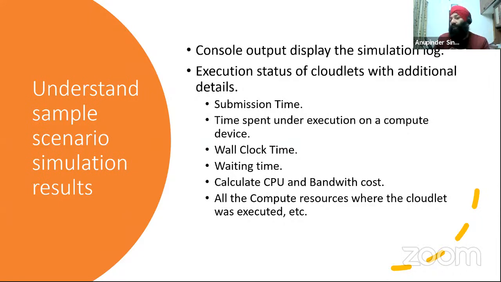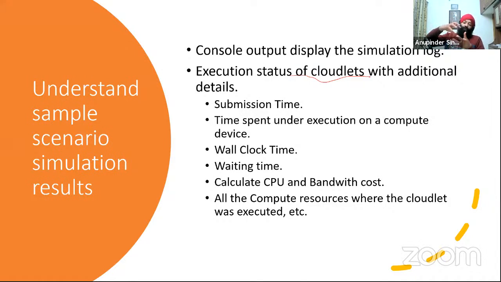Everything will be printed in the log. The second section gives you the execution status of the cloudlets with additional detail. The status of cloudlets is printed because at the end of the day, you are simulating the configuration of your cloud system, and then on that simulated cloud system you are putting in your workload.